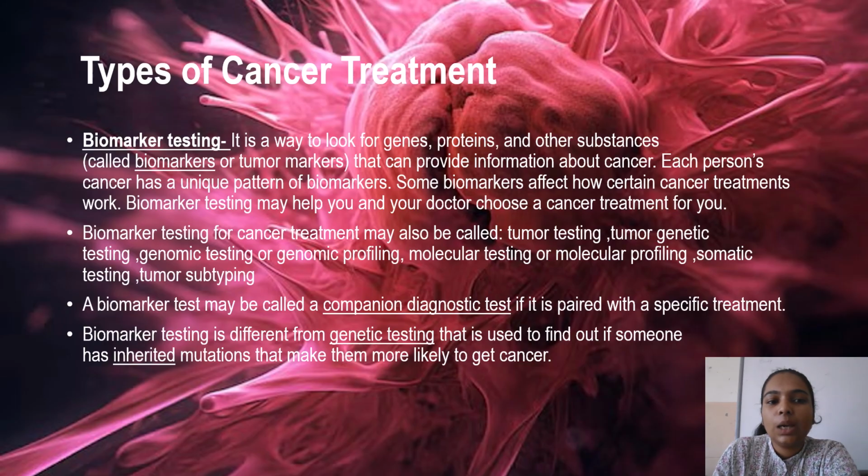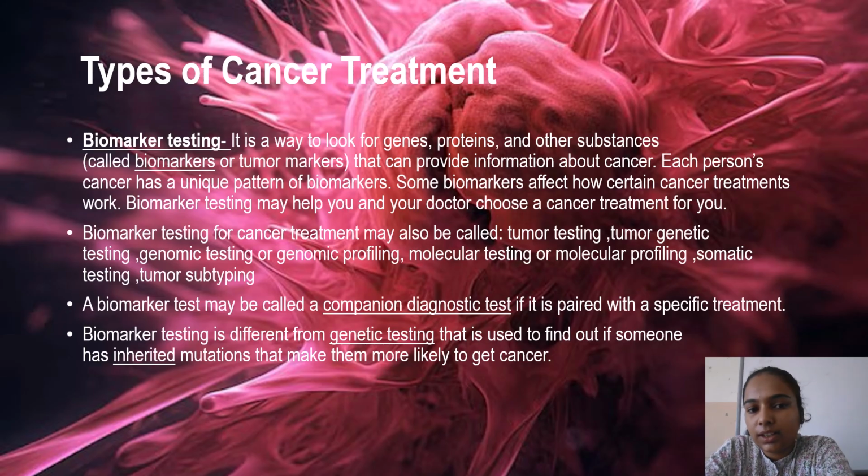Now we have types of cancer treatment. So basically, based on the type of cancer, we have types of cancer treatment. We have biomarker testing, which is a way to look for genes, proteins, and other substances called biomarkers or tumor markers that can provide information about the cancer.